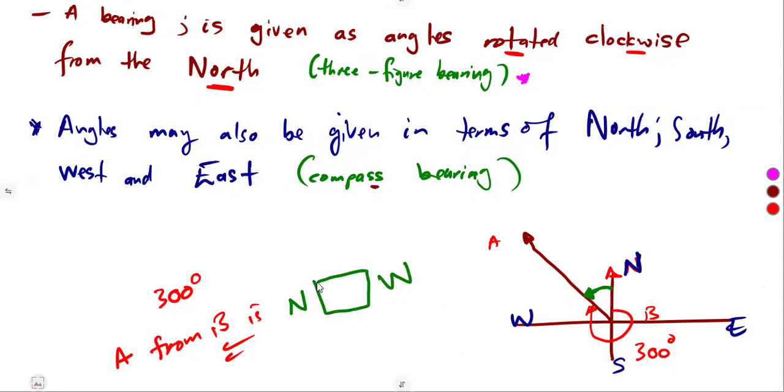Remember, guys, angles at a point, that's where the trigonometry part plays a role. We talked about these angles at a point, they add up to 360 degrees. So from 360 degrees, subtract 300, you are going to have 60 degrees. So that's north, 60 degrees going to the west.